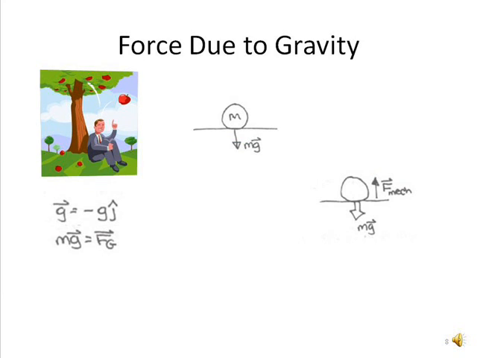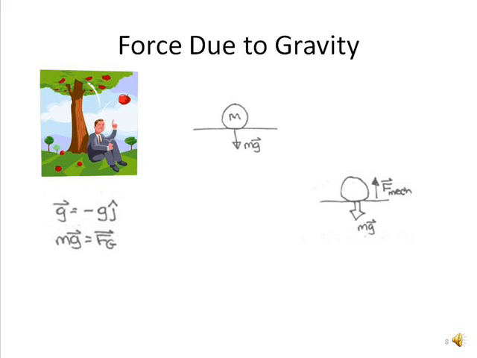The force due to gravity is something that was studied extensively by Newton. For our purposes, gravity produces a constant acceleration at the Earth's surface. It varies somewhat with latitude and longitude, and it varies somewhat with altitude. As you go up a mountain, the force of gravity gradually becomes weaker.